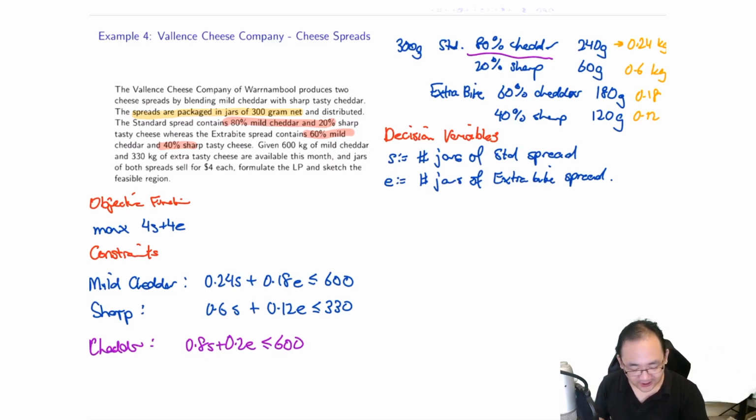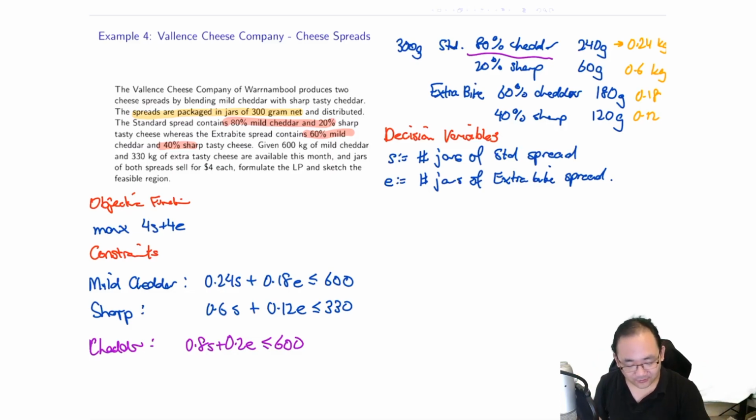So what we have here at the moment is 0.8s plus 0.2e. I want you to think about what they actually represent, because 0.8 is the percentage of mild cheddar in the standard spread, but it's not actually given a unit. You can think of it as grams, but in terms of the representation of 0.8s, as far as we're concerned, it is in kilograms. The important part is that we've got the 600 on the right, which means we're in kilograms.